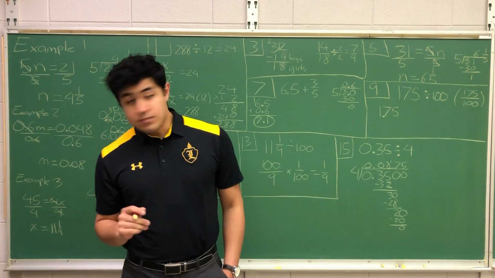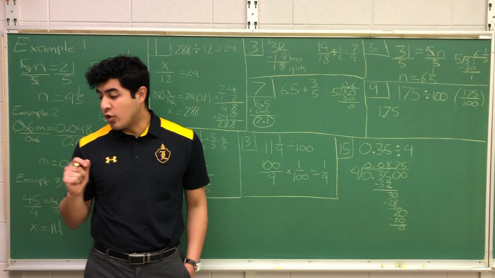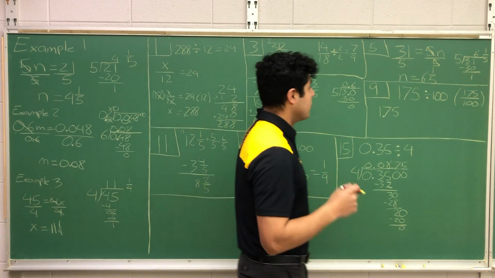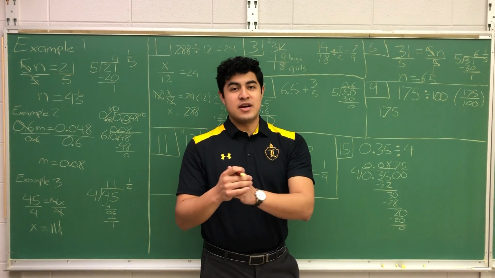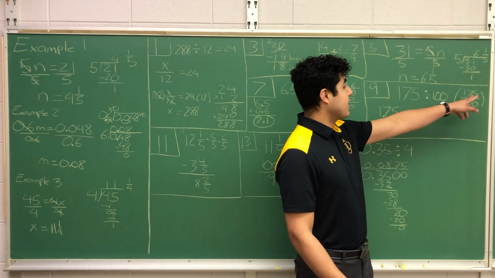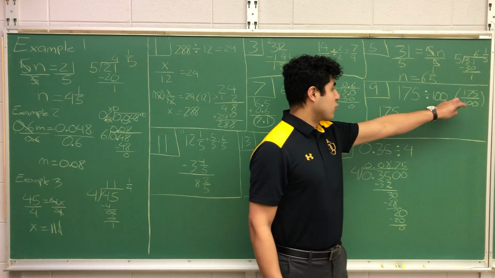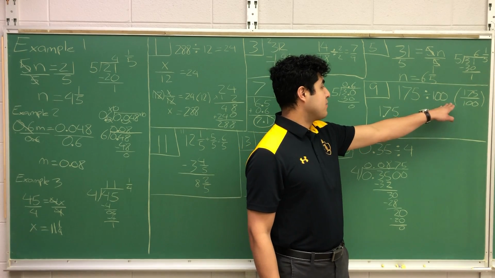Next, number 9. We've got 175% as a decimal. Remember, a percentage is simply a fraction with the denominator of 100. So this is one way to look at it. 175 over 100. This line also represents division. So 175 divided by 100.